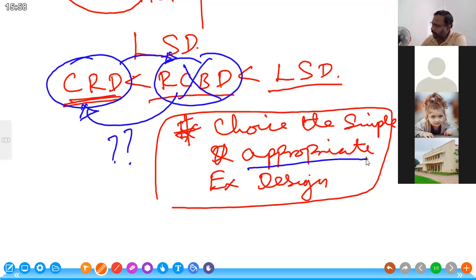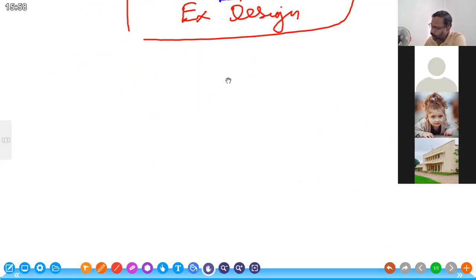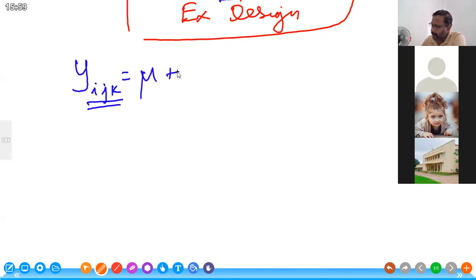Right. So you have learned the Latin square design, right? Latin square design, usually you use it in animals, right? You have three components here: mu plus, let's say, alpha i, beta j, and gamma k, as an example, plus the error.